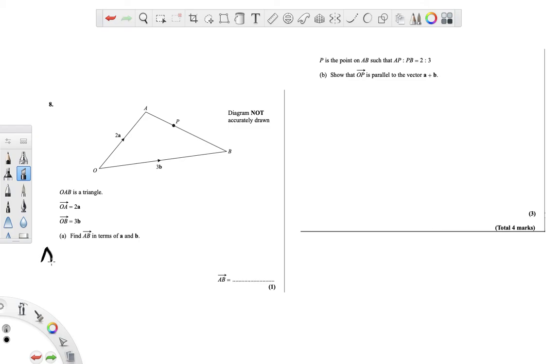So we've got AB, and that's represented by A to O plus O to B. Well, A to O, that's going to be minus 2a.